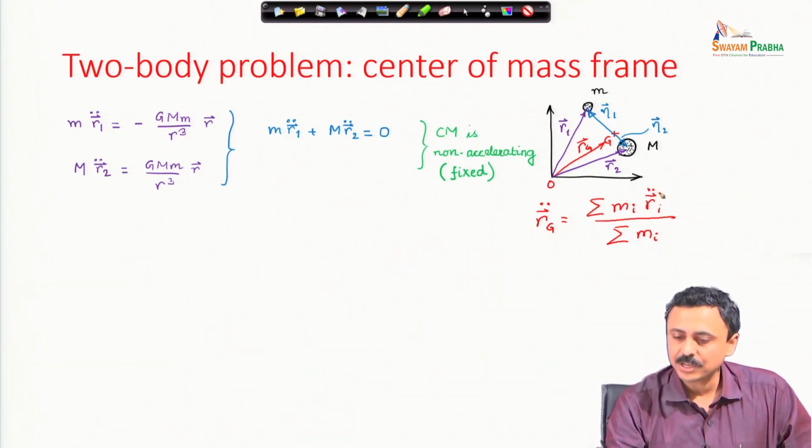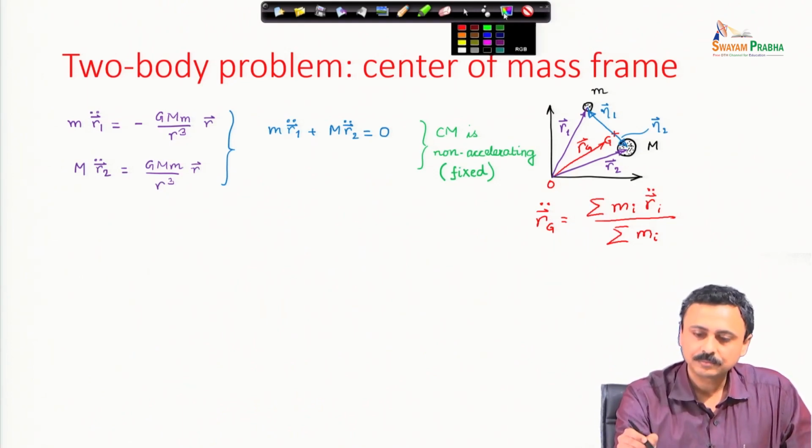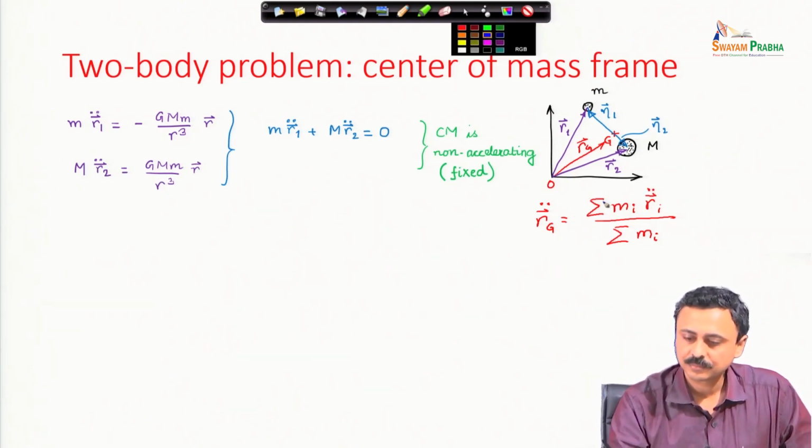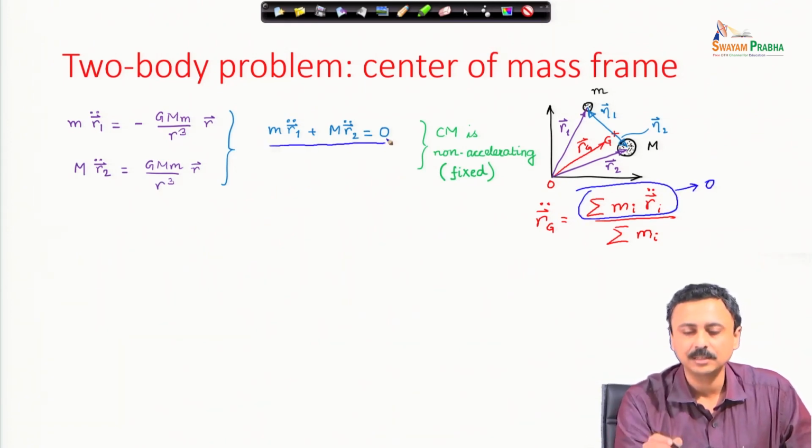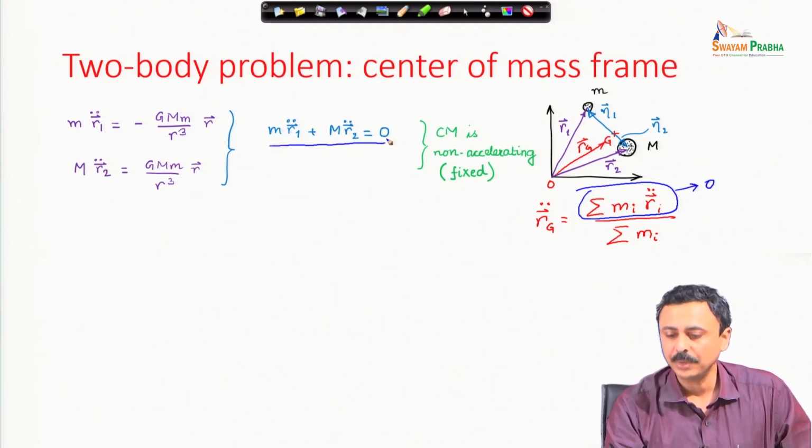Now, if this summation goes to 0, as it has occurred here, what it means is that rg double dot must go to 0, because the summation of mi is not 0.